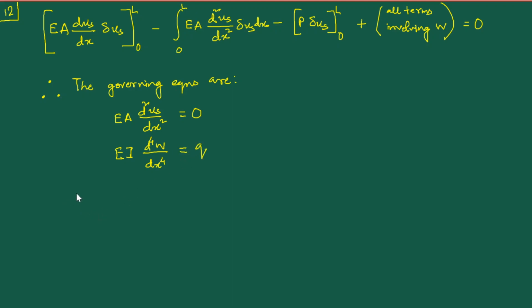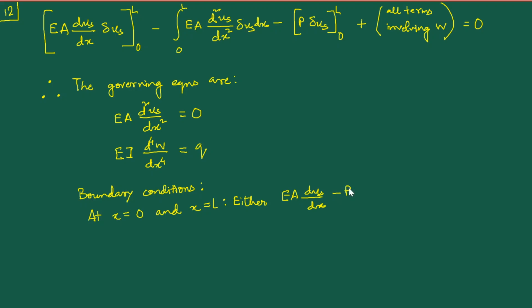And for the boundary conditions, what I will have is this term clubbed with this term, so that I need to write this as, just like before, at x equal to 0 and x equal to L, either EA dus/dx minus P is equal to 0, or us is specified.